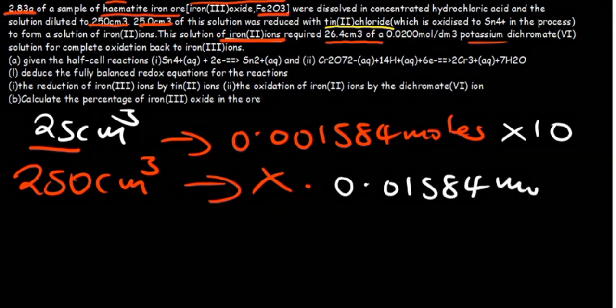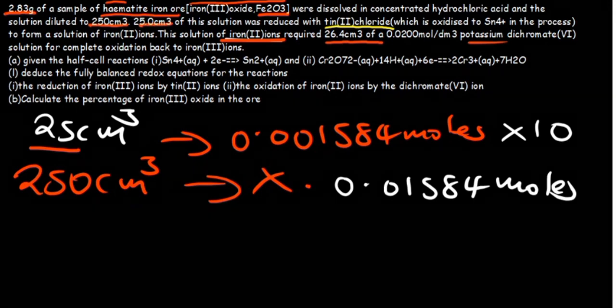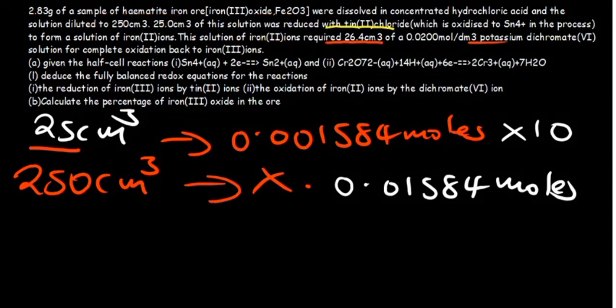Now, how do you determine the mass? Because remember, in the question itself, we've been given the mass of the haematite, or the iron ore itself, at the start of the experiment. So we have the number of moles. Now, what is the molar mass of the iron 3 oxide?